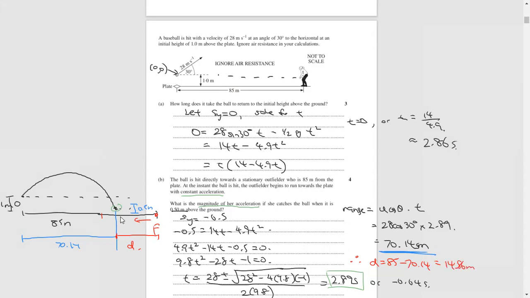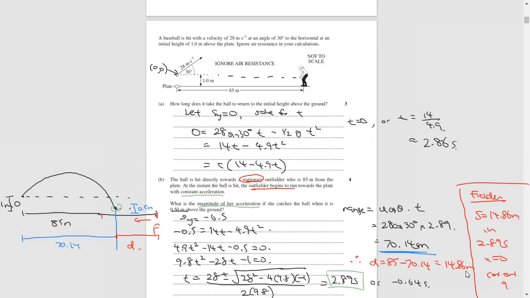So we know now that the fielder has traveled 14.86 meters. So the fielder has traveled a distance of 14.86 meters in 2.89 seconds with u equals 0 because they started to run. Right, it's a stationary fielder, and at constant acceleration.